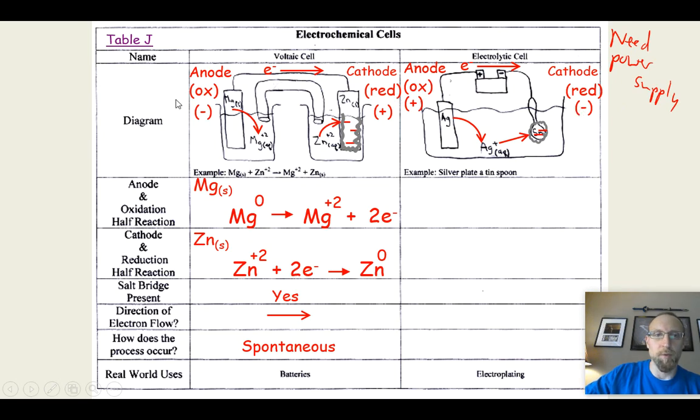So notice, that's one of the few differences here. Charges flip. But again, just use the battery to help you out. Positive end, positive anode. Negative end of the battery, negative cathode. So look at the end of the battery that it's hooked up to. For the voltaics, just use the direction of electron flow, right?